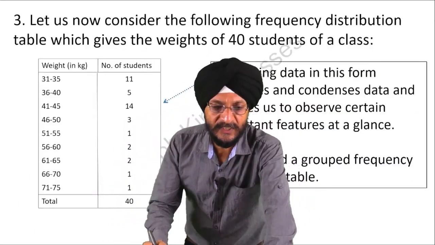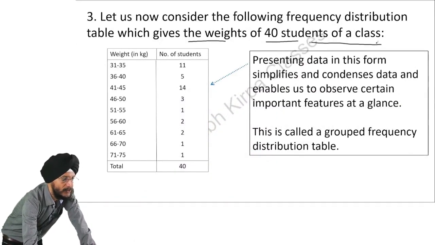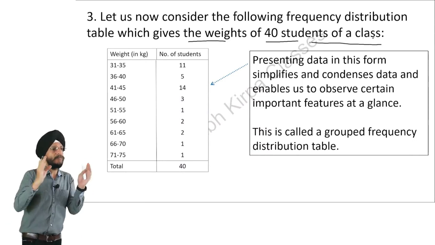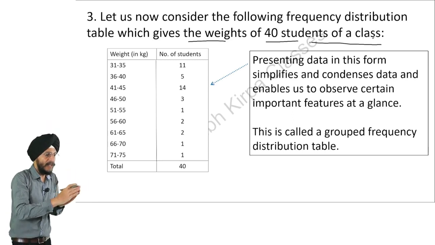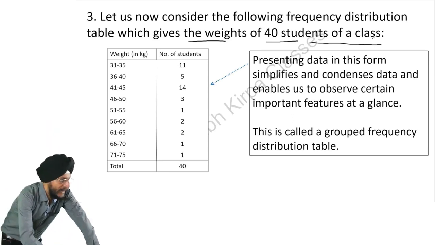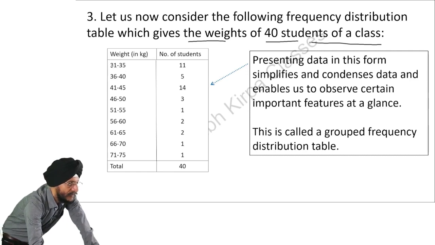Let us now consider the following frequency distribution table, which gives the weights of 40 students of a class. That is, there are 40 students in a class and the weights of all the students have been written, and we have grouped the students on the basis of weight.